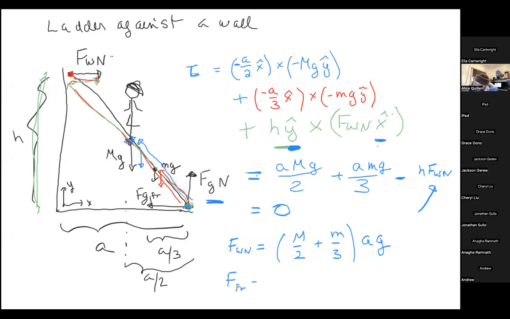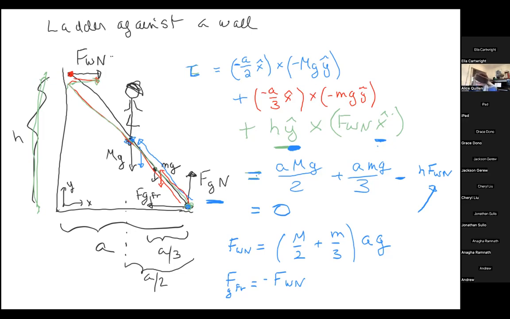That was from the force balance equation. So the ground friction force has to equal the negative of this. And so now we know this. So we've actually solved for all three forces. We've got the friction force, the wall normal force, and we found the ground normal force previously from the vertical force balance equation.